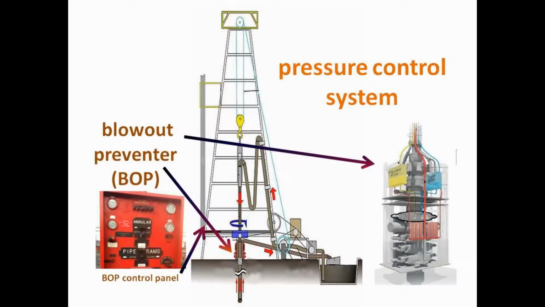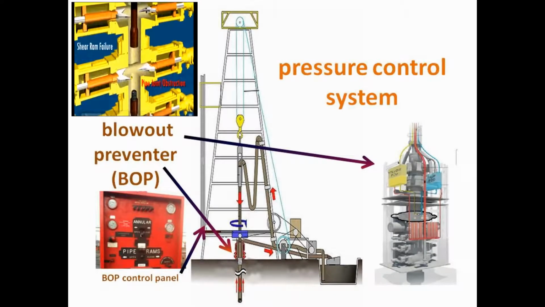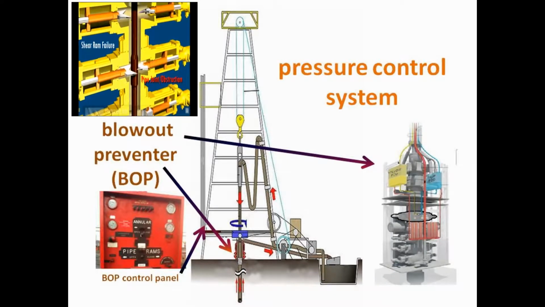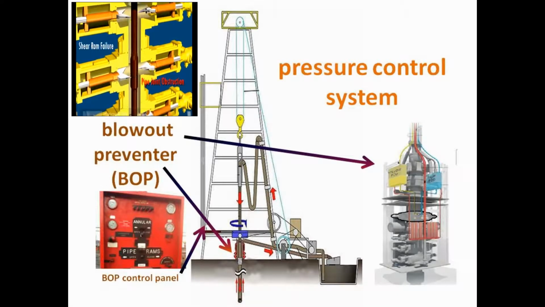The main component of the pressure control system is the blowout preventer, BOP. Made up of valves, pressure gauges, and chokes, arranged in stacks with a series of rams and preventers, the BOP's principal function is to prevent blowouts.